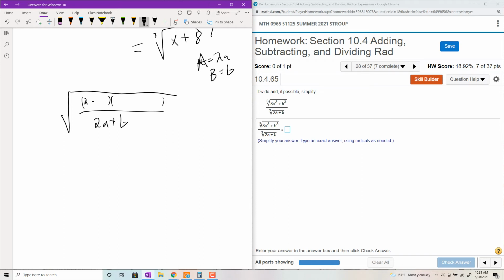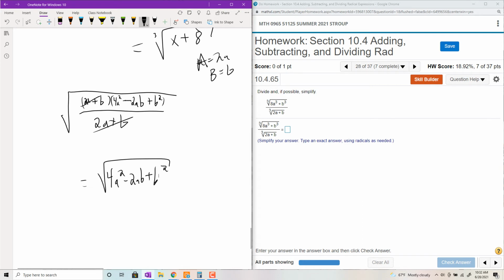So same sign, opposite, always positive. Okay, there. 2a plus little b, and then what do we have? 4a squared, 2ab, and then b squared. So you see these guys cancel out, and you just get the square root of this thing.